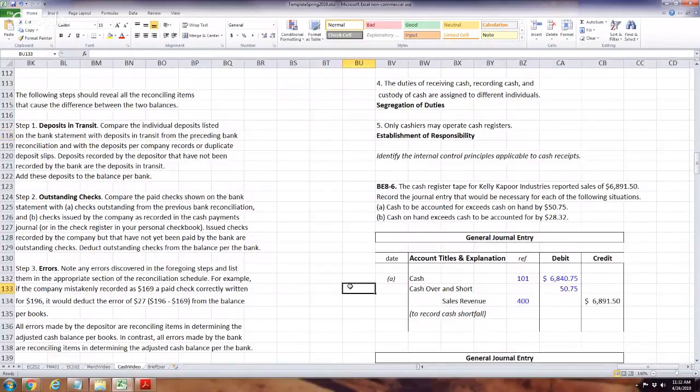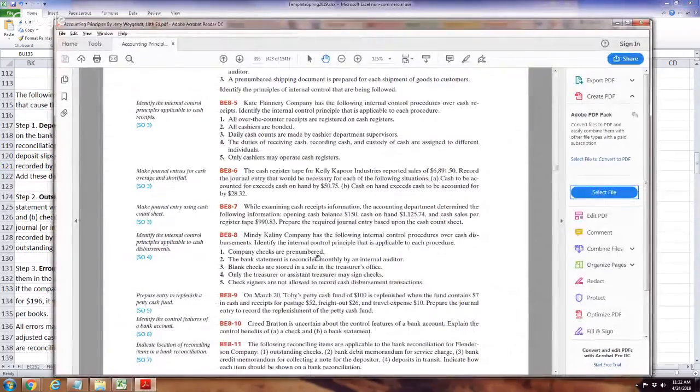Number 6 is a good one. Let's look at number 6. Number 6 says the cash register tape for Kelly Kapoor Industries reported $6,891.50, and the journal entry. You're looking for journal entries when there's excess cash, or when cash is either over or under by $50 or $20, and let's see which one is which.